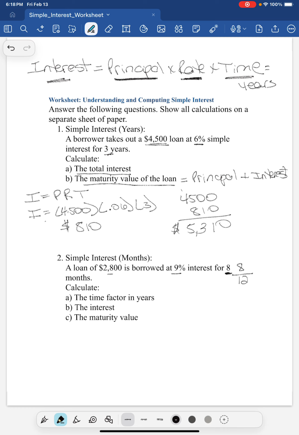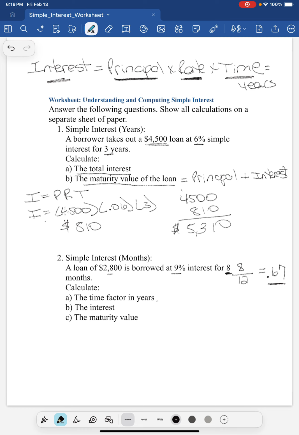And so 8/12. Now you can reduce that if you want to, but really you just need to divide it out, treat it like a division problem, and you're going to get 0.6666666666666 till finally it becomes a 7. So for your time you're going to use 0.67. Okay, so that is your time factor in years, 0.67.